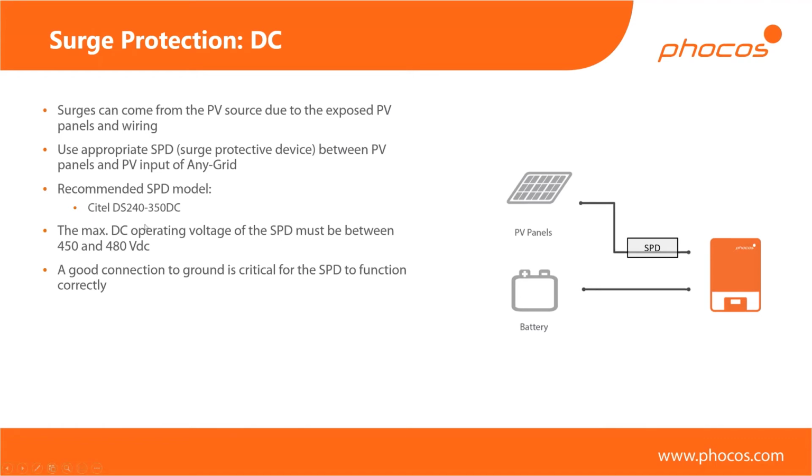And this, again, is to avoid, in case of thunderstorm or lightning, that we might have a surge on the PV side, and it's a good idea to have an external surge protective device to get rid of that overvoltage before it enters the unit. In the unit, we do have a limited surge protection as well, but it's not as powerful as having an external one, so we strongly recommend having an external one.